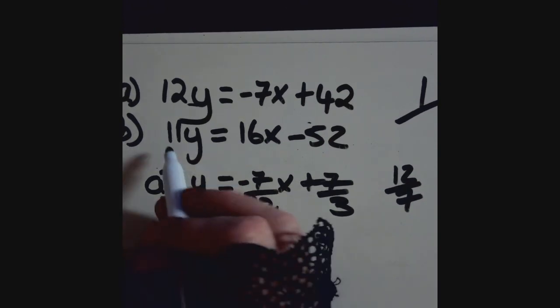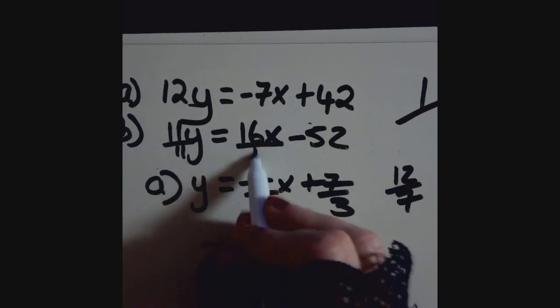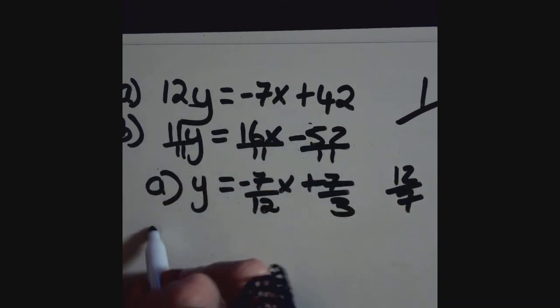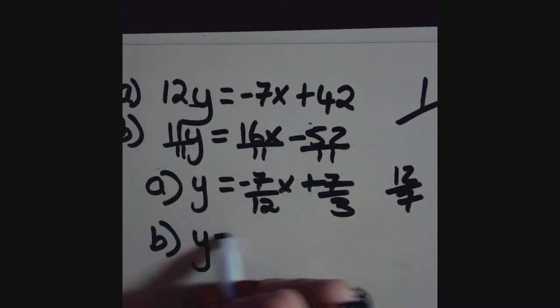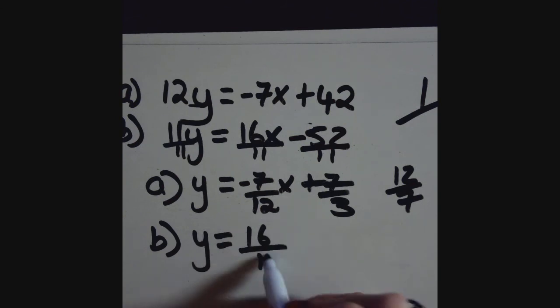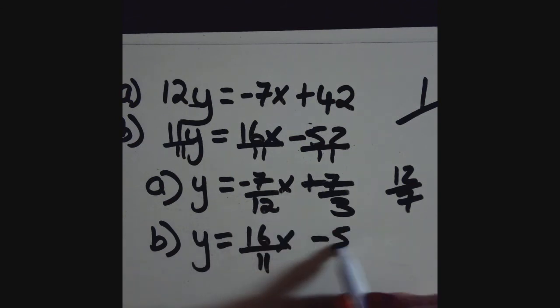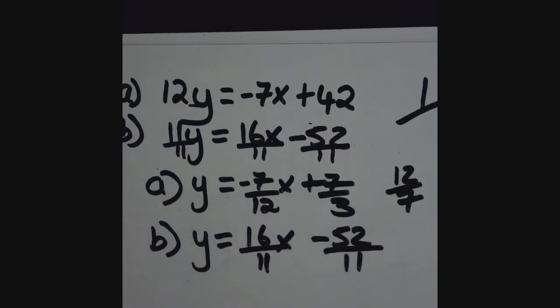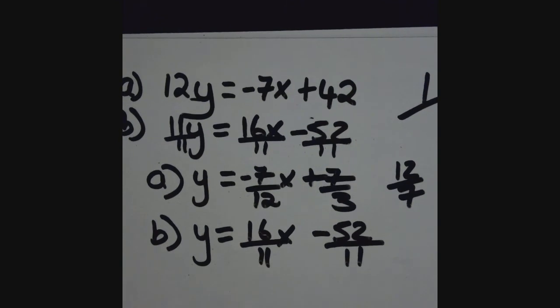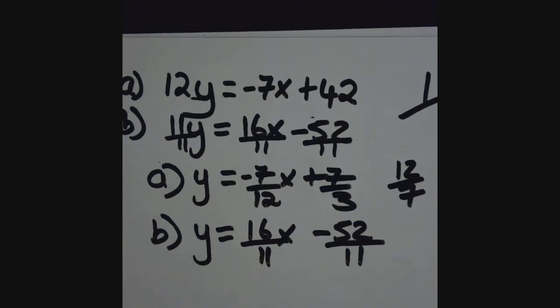So let's go ahead and now take this and divide. B is going to be y equals 16 over 11x minus 52 over 11, and we're looking at the slopes, so that's what we're comparing. Don't really care right now about the y-intercept, we're not trying to graph.